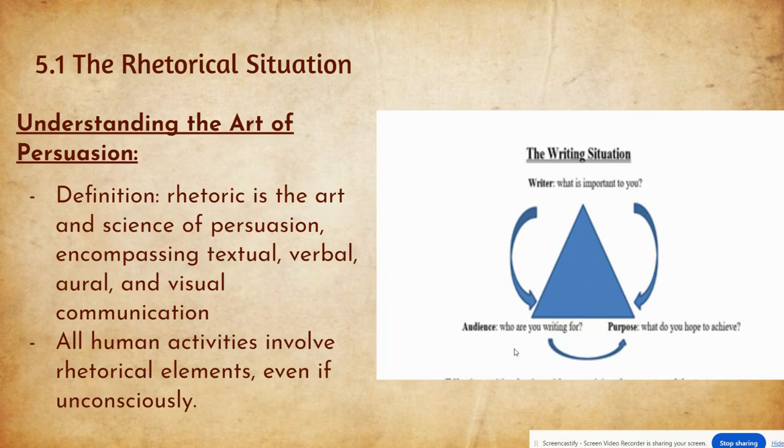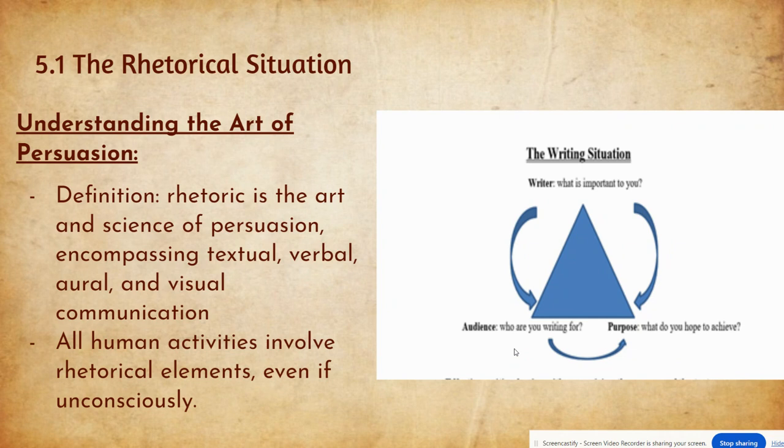So the rhetorical situation, which was section 5.1, talks about understanding the art of persuasion. Rhetoric is the art and science of persuasion. It encompasses textual, verbal, oral, and visual communication, and all human activities involve rhetorical elements, even if unconsciously.